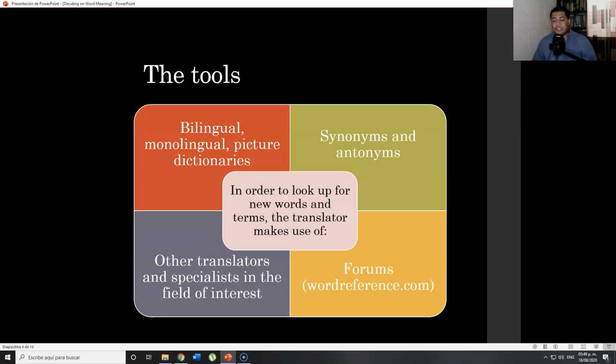I like paper dictionaries, but some people prefer digital dictionaries, and they offer even the choice to look for the pronunciation of a specific word, right? We also have picture dictionaries, even though they are maybe not that commonplace nowadays.